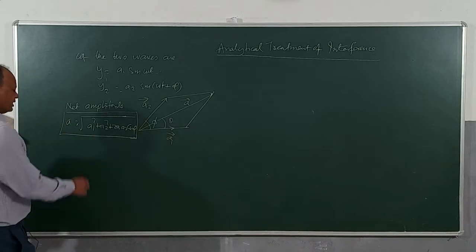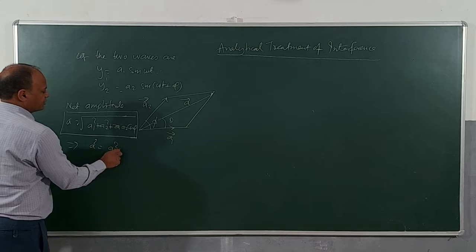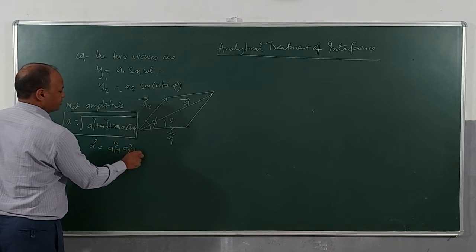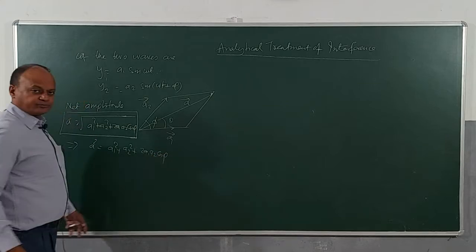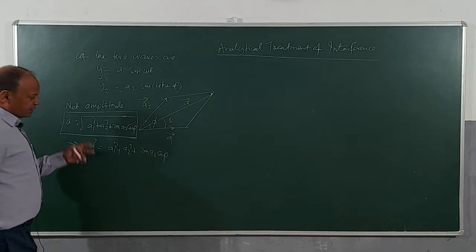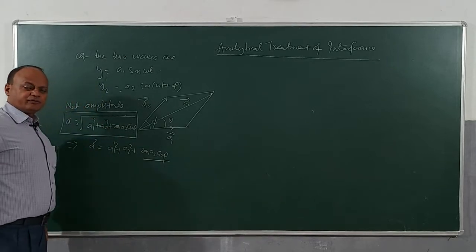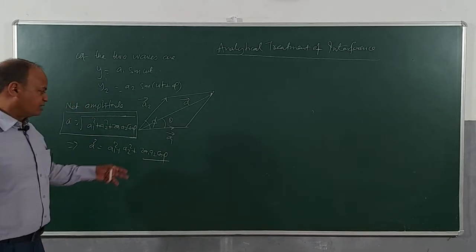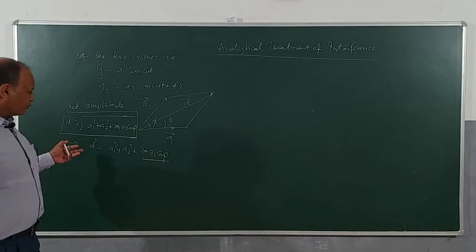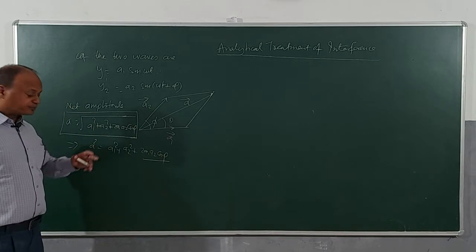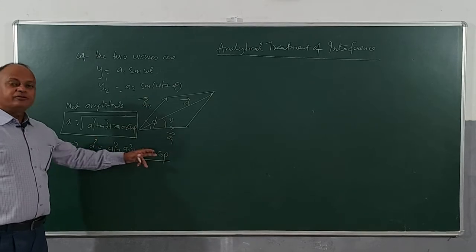If you square both sides, then A square is equal to, children, A1 square plus A2 square plus twice A1 A2 cos phi. Now, the net amplitude is actually going to depend upon the value of 2 A1 A2 cos phi, and this term is called interference term and is very important for calculating the net amplitude, because you know the net amplitude is going to depend upon the value of phi.